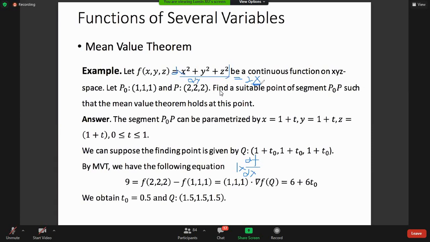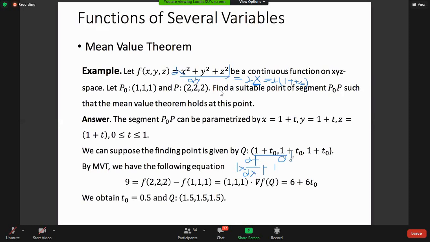And here, x is equal to 1 plus t0. So it should be 2 times (1 plus t0). Right?